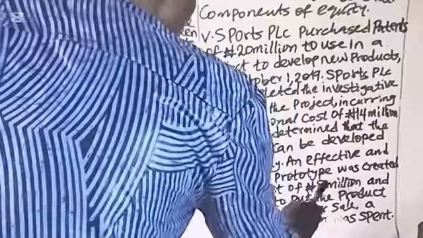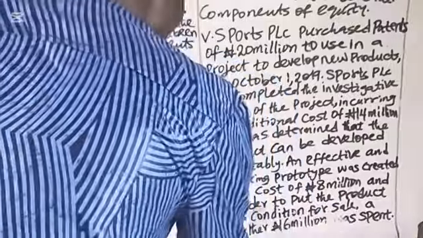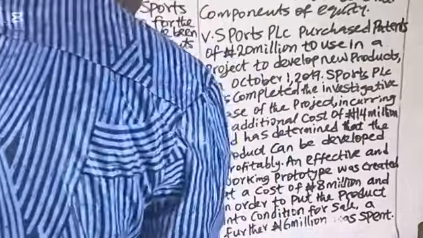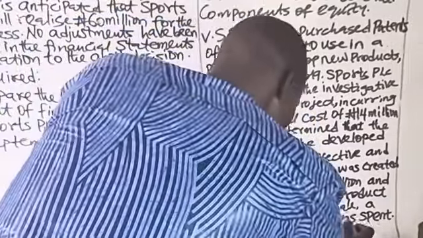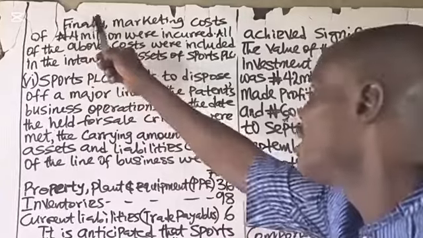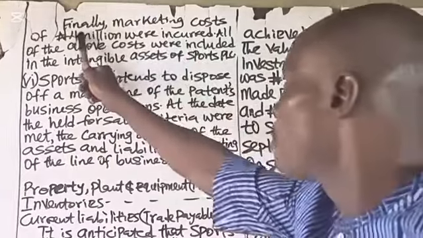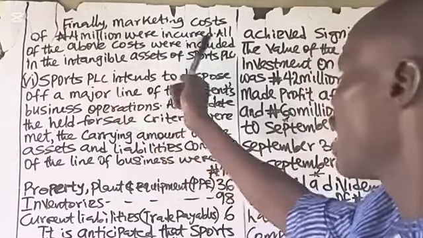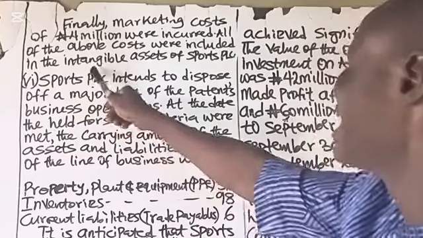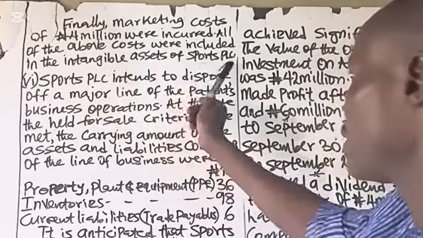An effective and working prototype was created at a cost of 8 million naira. And in order to put the product into condition for sale, a further 6 million naira was spent. Finally, marketing costs of 4 million naira were incurred. All of the above costs were included in the intangible assets of Sport PLC.